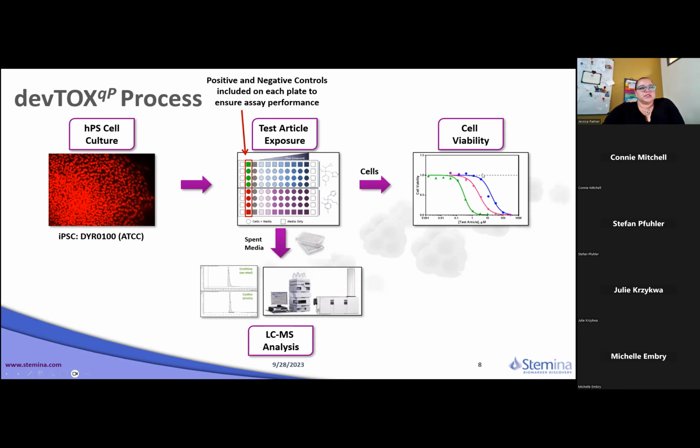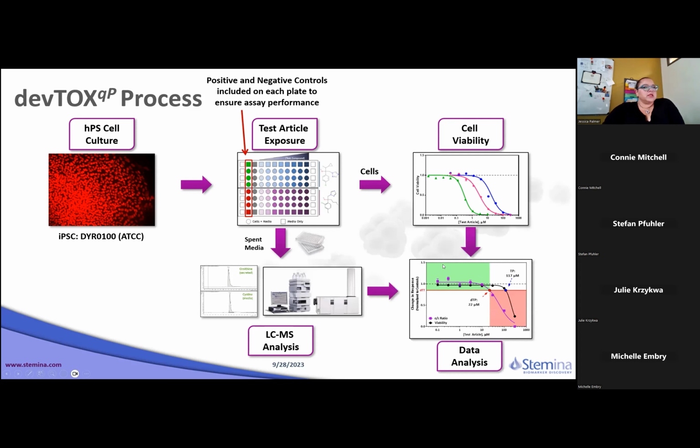And it also leaves these cells open for other downstream analyses if there's a need to do gene expression studies, et cetera. And so then we'll take these two data endpoints and look at the dose response curves to predict where a compound is going to be developmentally toxic, or does it show an effect.